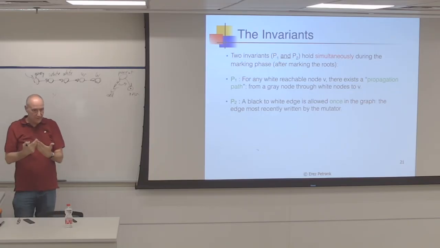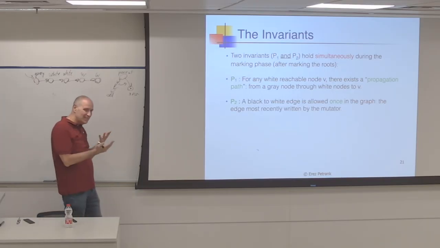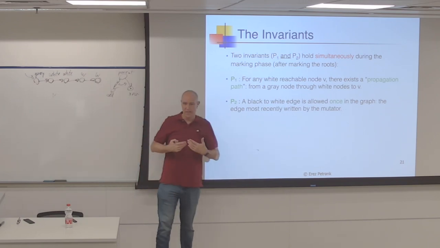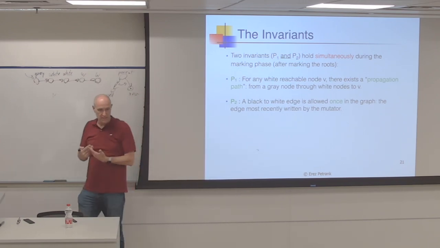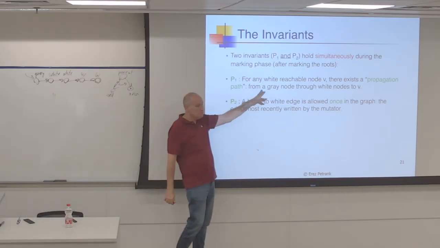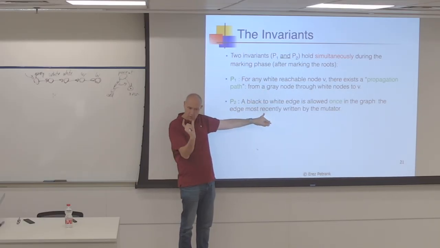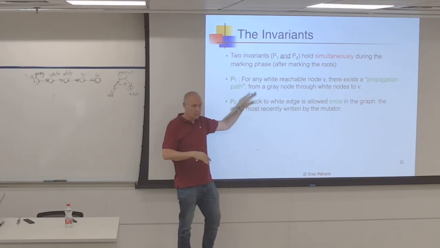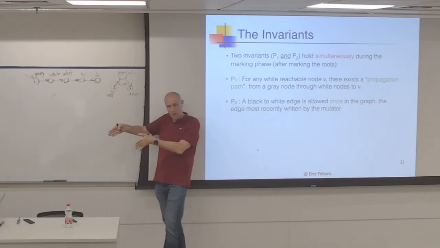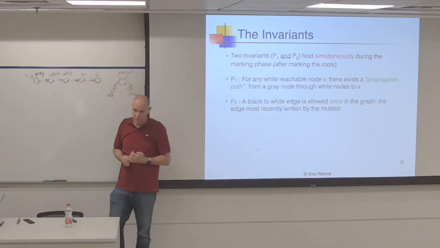So if there is a propagation path all the time, then it's guaranteed that eventually, we'll prove it formally, but we feel intuitively that this will eventually let us notice this node. So we're going to have a propagation path for each white reachable node, and this black to white only one edge, which is the last writing of the mutator. And with both of them, we'll be able to go on and see that they always hold, and then that the collection is correct.